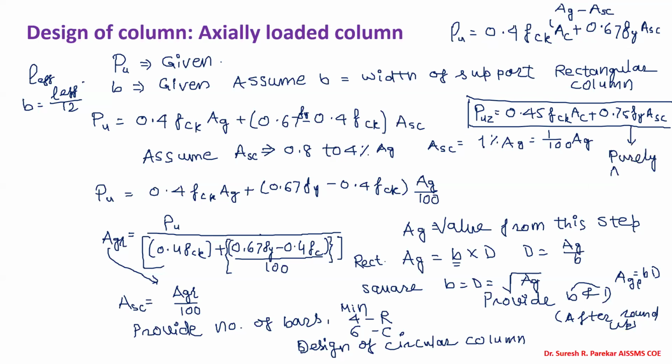And this value we are going to reduce by 11%. Already I explained this, 11%. Therefore we will get this formula after reduction by 11%: 0.4 fck Ac plus 0.67 fy Asc. So you are going to multiply this value by 0.89 and then you will get this formula of Pu. This is for axially loaded column.